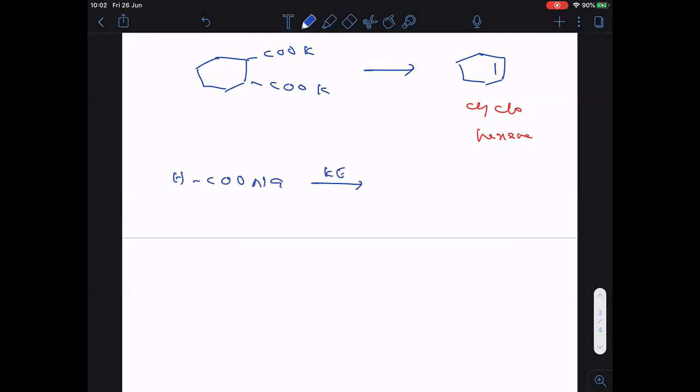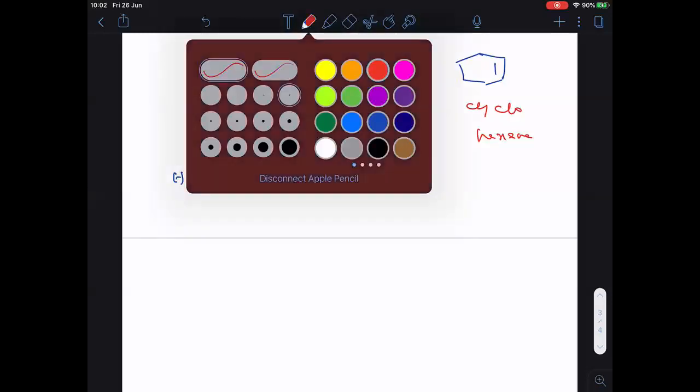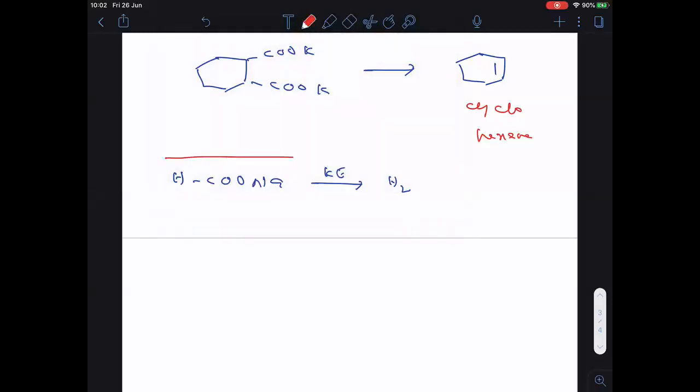Then here what happened? H–H, that means here H2 will be formed. But no alkane is formed in this reaction. So this is one important reaction in case of Kolbe electrolysis. Remaining byproducts are same only here.